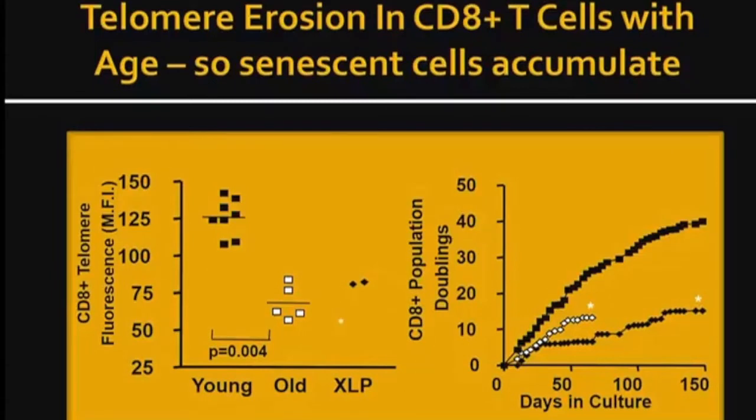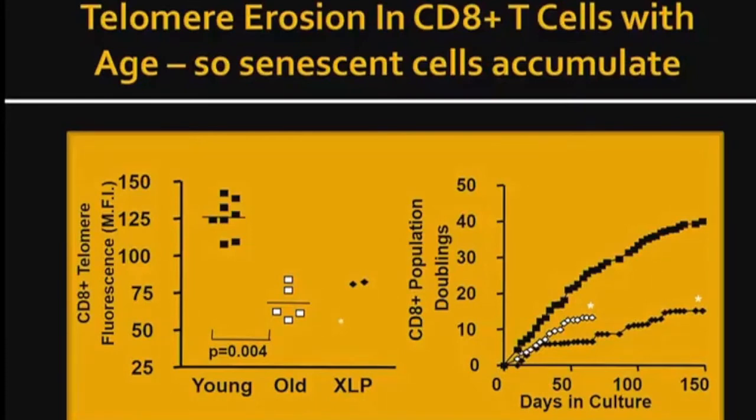And this is shown here in data from Arne Akbar at UCL. So he looked at CD8 telomere length in young and old healthy subjects, and you can see in the older subjects, they had much shorter telomeres. And when he looked at lymphoproliferative syndrome in younger patients, they also had shorter telomeres. So the more your T cells proliferate, the shorter your telomeres are.